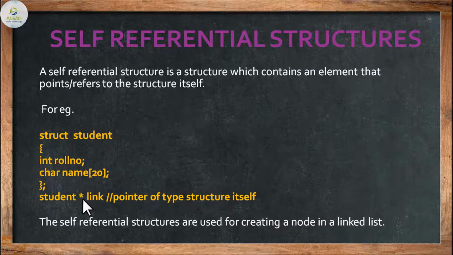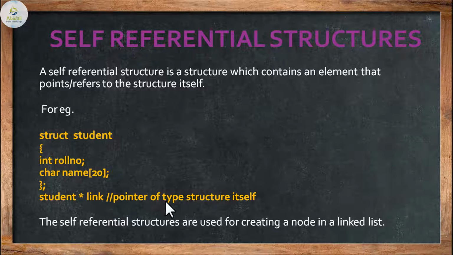Okay, you see the example, in the structure called student, there is a roll number and name being declared. So what is this pointer? The pointer belongs to the same kind, that is, the pointer link belongs to student. So it is called a self-referential structure. A pointer of the type structure itself is called a self-referential structure. Now if I say int asterisk link, then it means we have a link pointing to the integer type, a pointer pointing to the integer type.